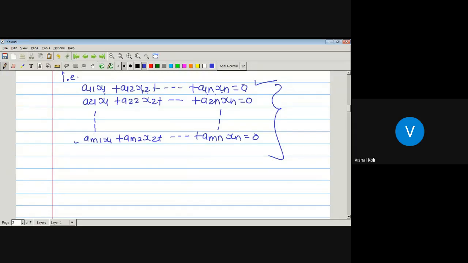So from this we conclude, first, there is one note: x equal to 0 is always a solution of a homogeneous system of linear equations.